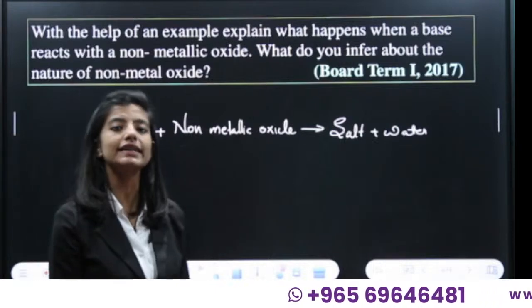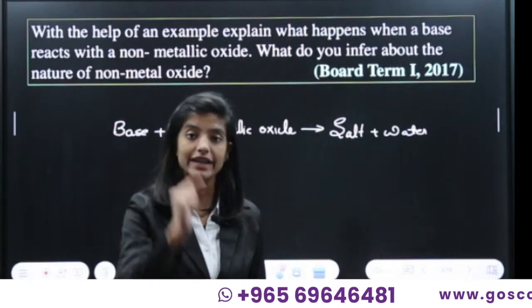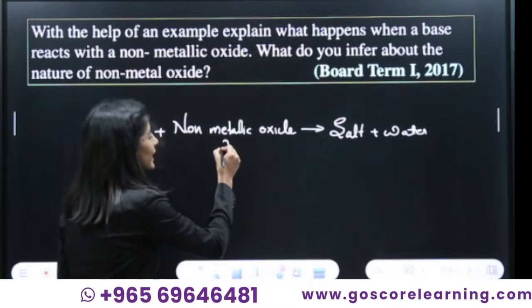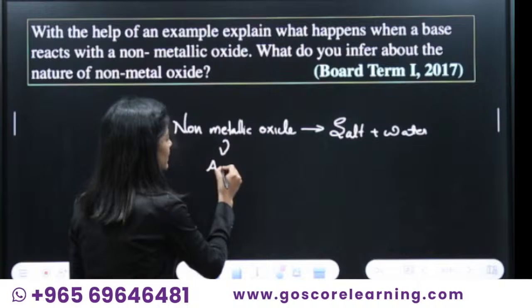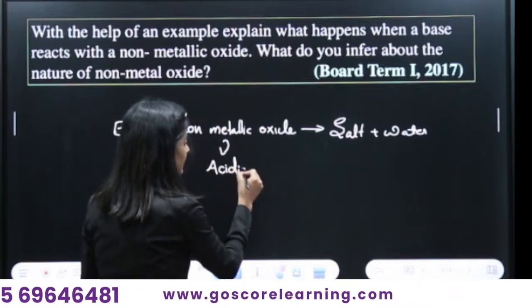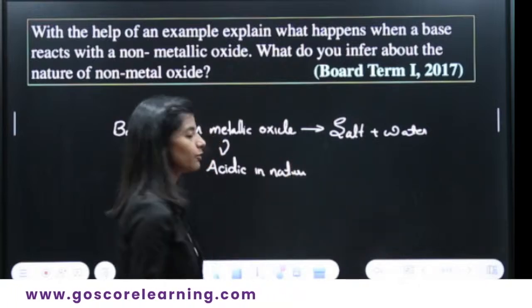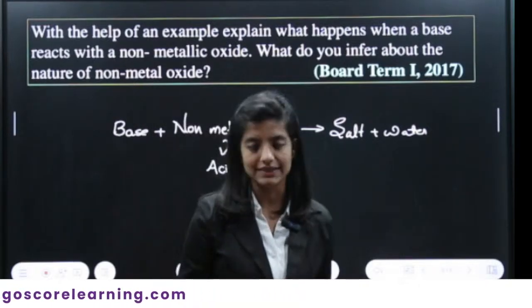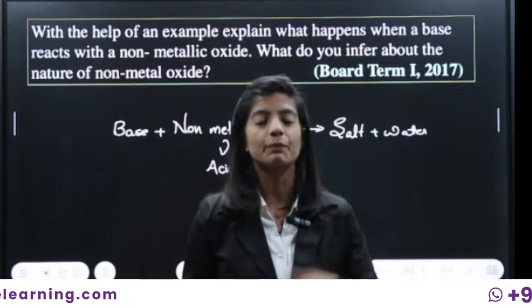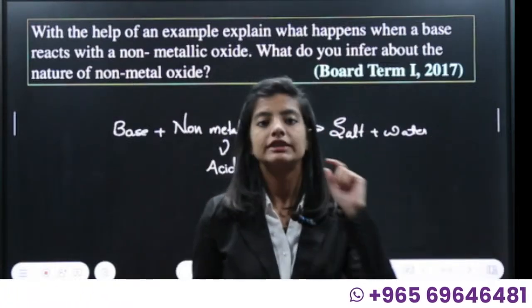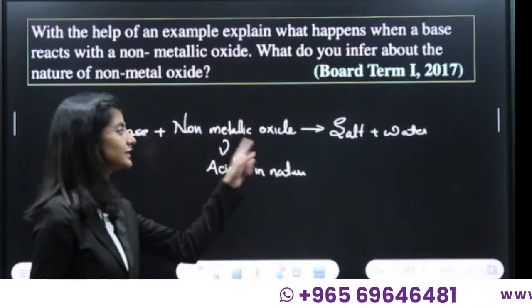The answer is really simple. The nature of the non-metallic oxide is acidic. So the non-metallic oxides are acidic in nature. We know that when a base reacts with an acid, the product that we can expect is salt and water.